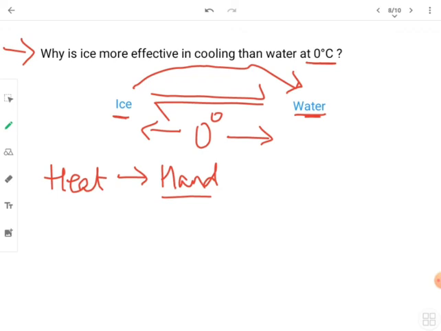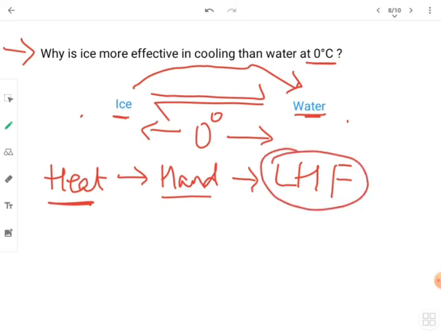That means we are talking about latent heat. And latent heat of what? Fusion or vaporization? Fusion, because we are talking about the change in state from solid to liquid. So this ice basically absorbs the heat energy in the form of latent heat of fusion from our hand or from our surrounding.